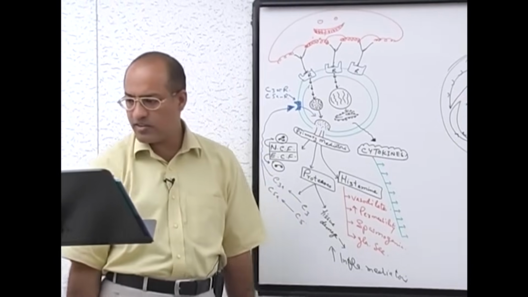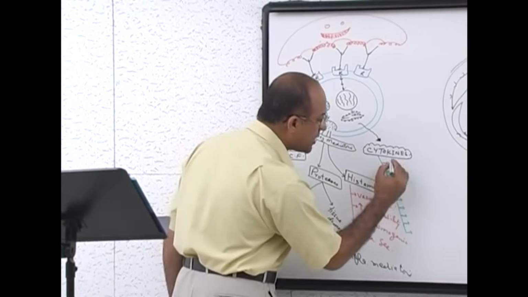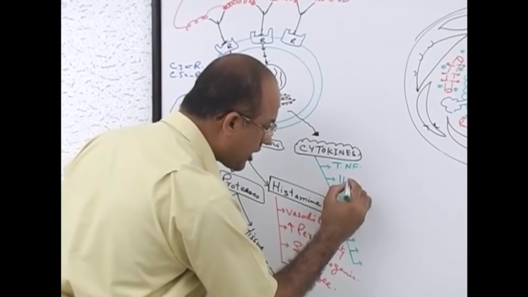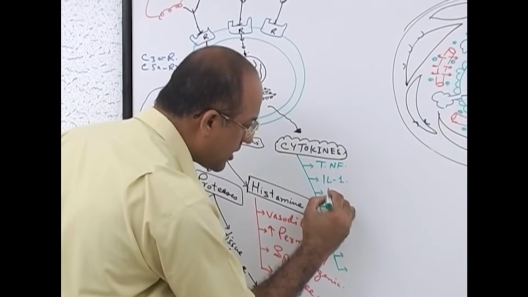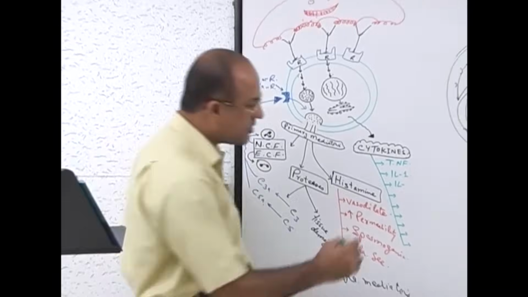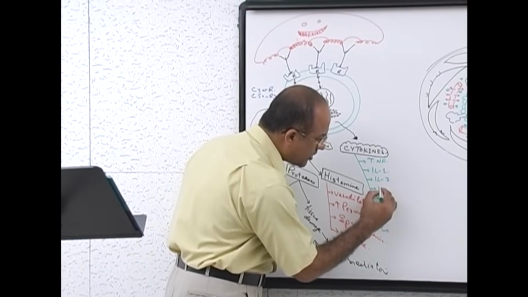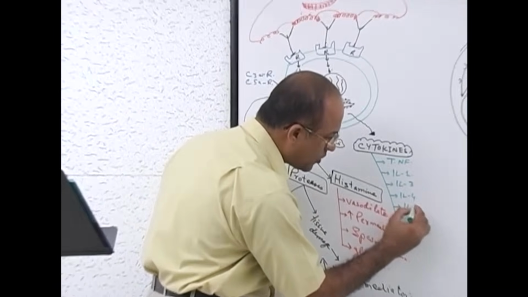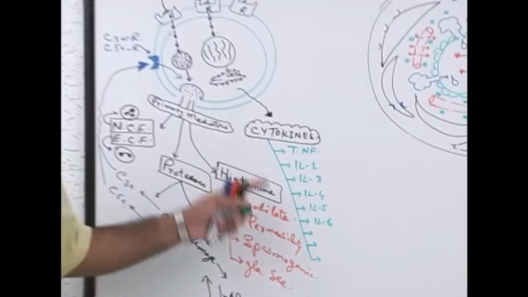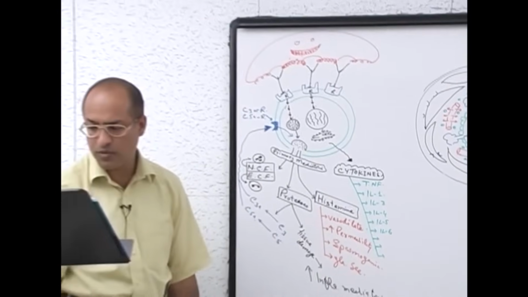And these cytokines are like tumor necrosis factor, which is released by the mast cell, interleukin 1, and many interleukins which are released: interleukin 3, 4, 5, 6. It's not difficult to remember, just omit interleukin 2. So interleukin 1, 2, 3, 4, 5, 6.